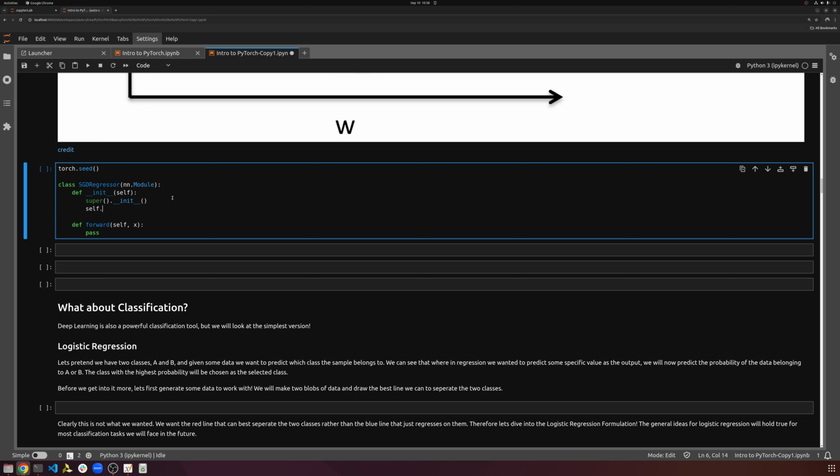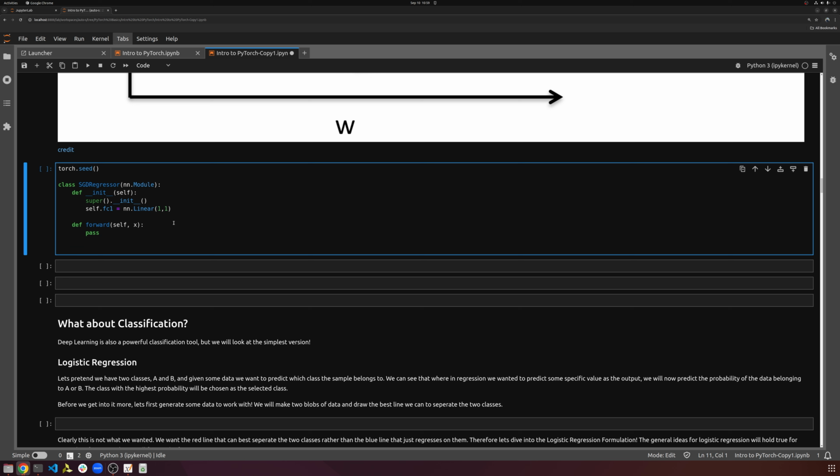Next, we're going to do self.fc1 equal to nn.Linear(1, 1). Okay, so let's break this down real quick. First, nn.Linear is a linear layer in PyTorch that takes input of 1 and output of 1. So it takes in one input and outputs one output. So in the case of y equals mx plus b, we have one input value x and one output value y.